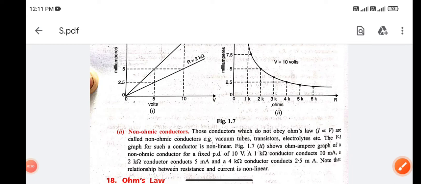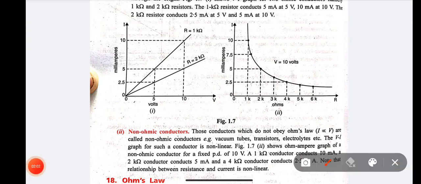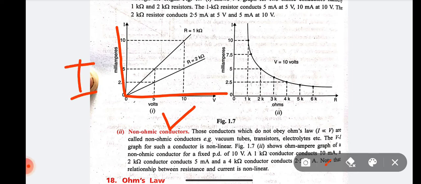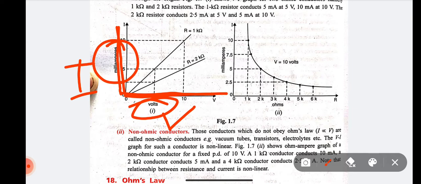We can clear this with a graph. In this graph, this axis is voltage and this is current. Current is taken in milliampere and voltage is taken in volt. If it is directly proportional, then obviously the graph will come from the origin and be a straight line.